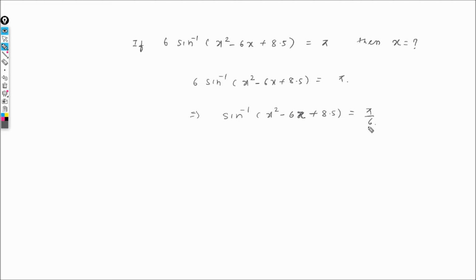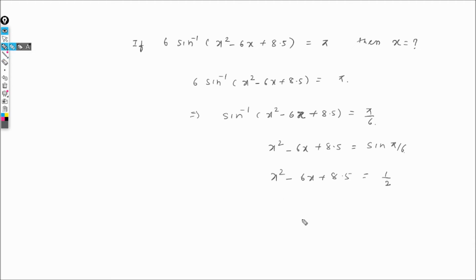So taking sine on both sides, it will be x square minus 6x plus 8.5 is equal to sine of pi by 6, which means 1 by 2. So let us take 2 here, multiplying both sides by 2.